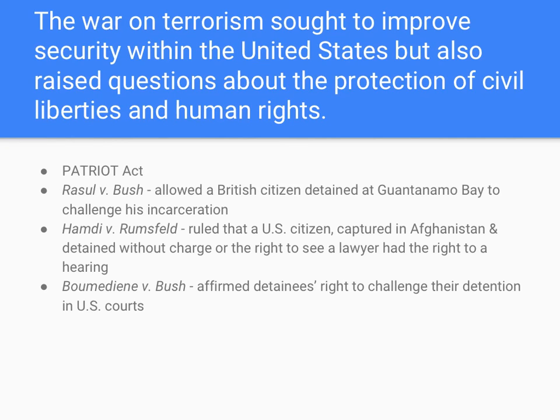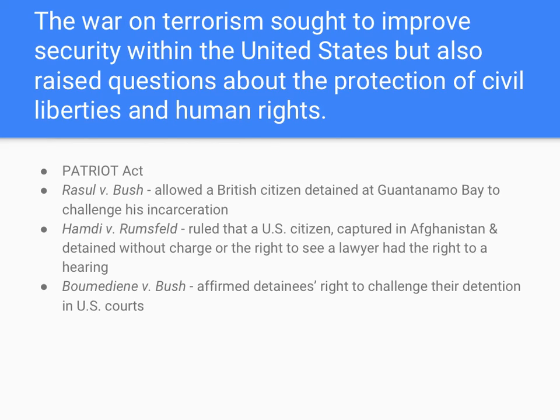Hamdi versus Rumsfeld ruled that a U.S. citizen captured in Afghanistan and detained without charge or the right to see a lawyer had the right to a hearing, because those are rights that are given to American citizens by the Bill of Rights. And so those are very fundamental rights of American citizens, and those should be protected no matter where the citizen was captured.